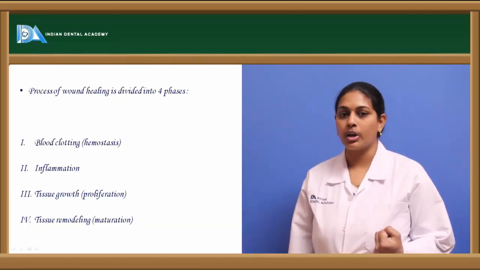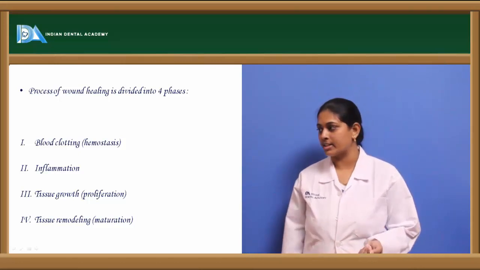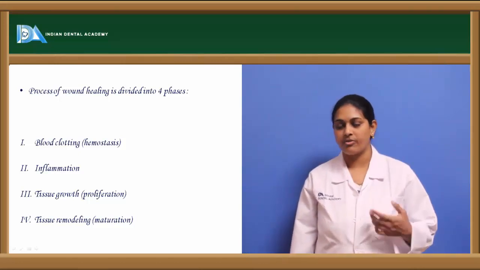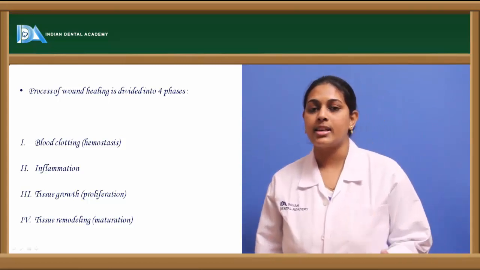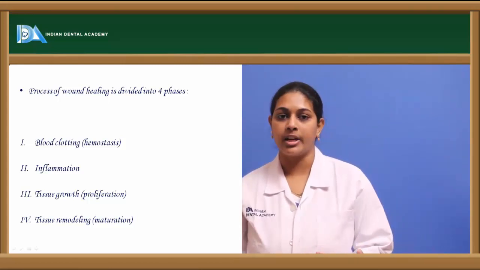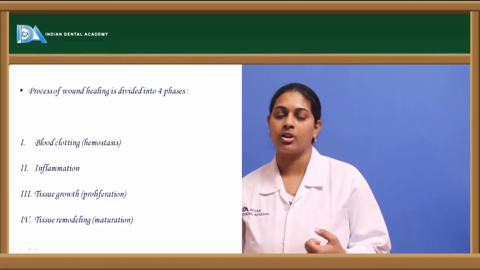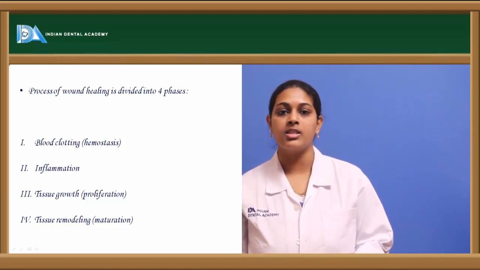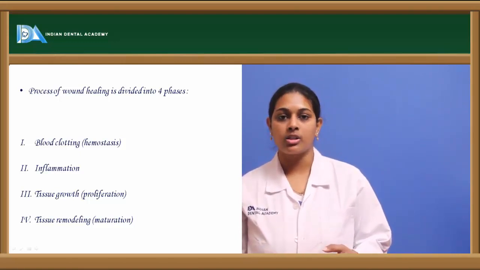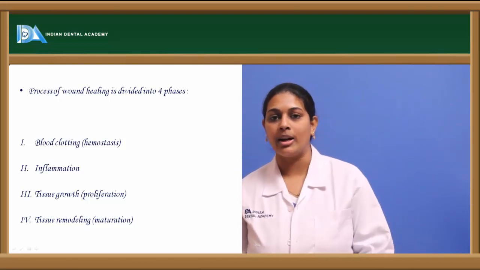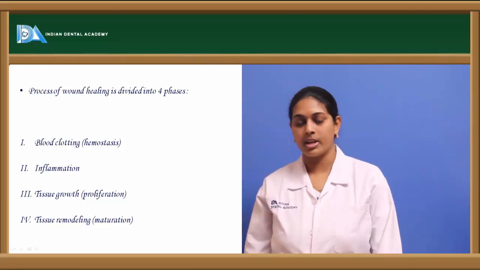Coming to the process of wound healing, usually it can be divided into 4 phases. First, the initiation phase. Once there is any injury, there is immediately bleeding, which is controlled by formation of a blood clot with the help of coagulation factors, and the blood clot prevents further oozing of blood. This condition is known as hemostasis.